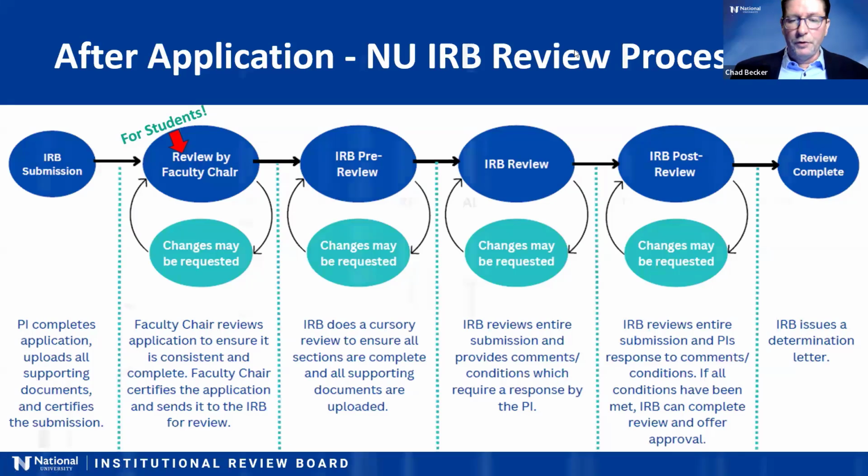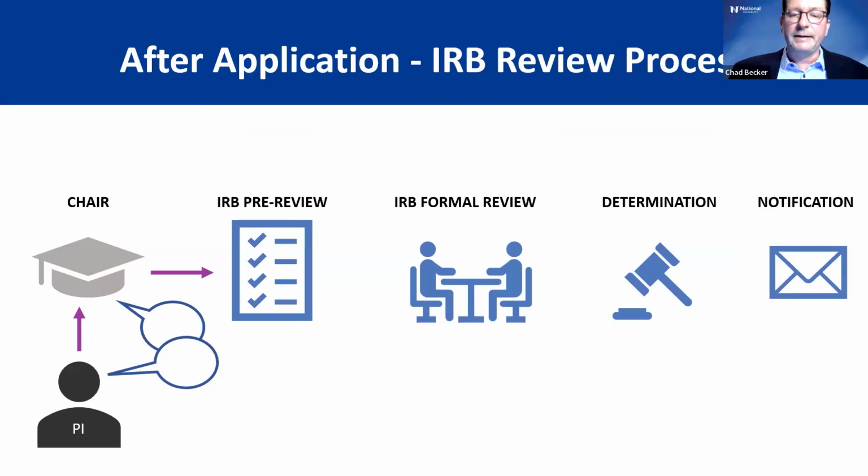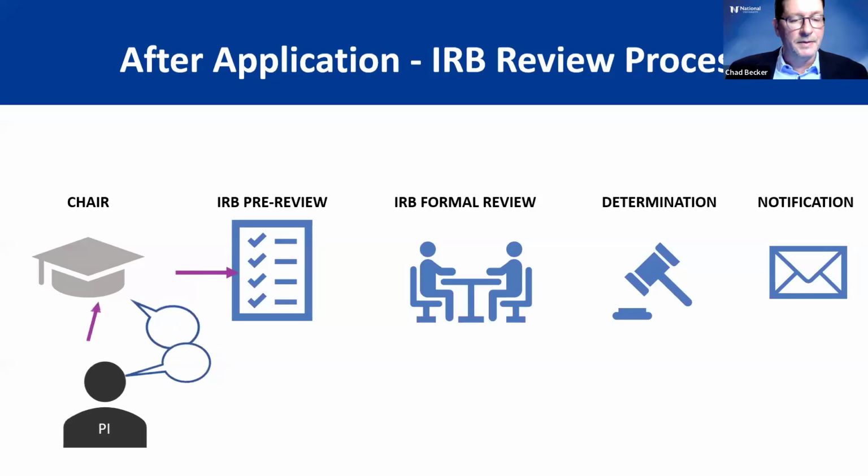And let me show you the next slide so that you can get a sense of how this works and how long it takes. Here's our PI, our principal investigator. And if you're a student, again, to the chair. If you are not a student, then you would directly submit to IRB review and we would skip this step.